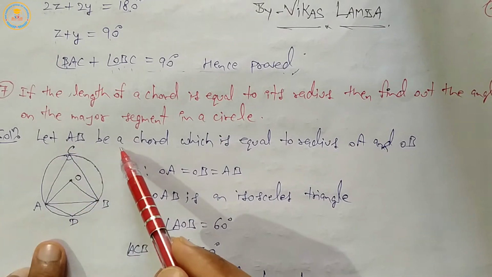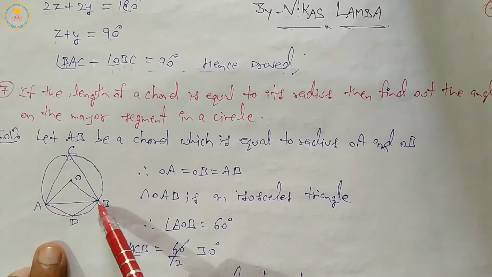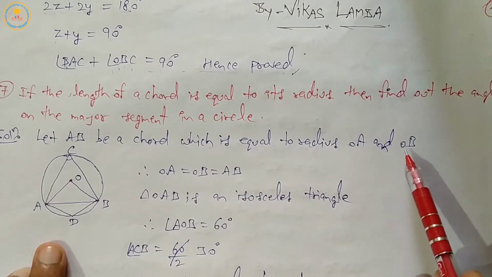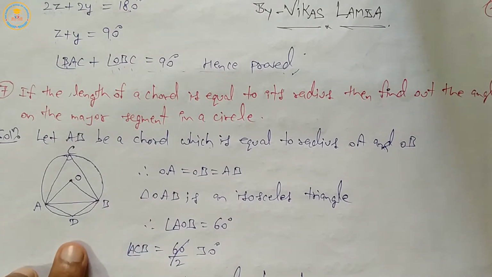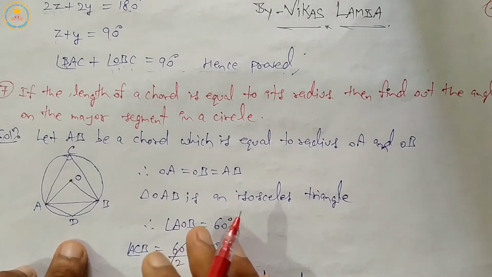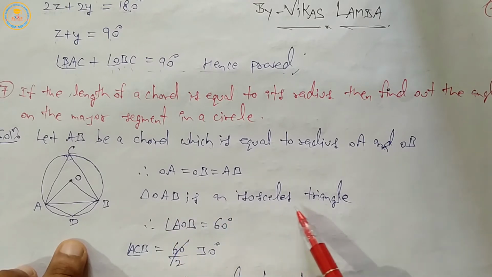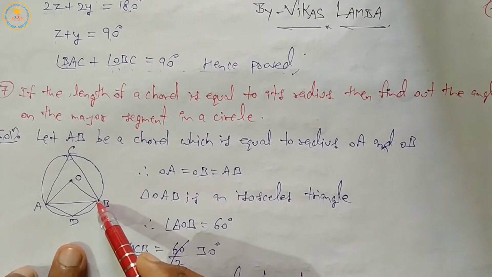Now, let AB be a chord which, according to the question, is equal to the radii OA and OB. We know that triangle OAB is an isosceles triangle. Why isosceles?